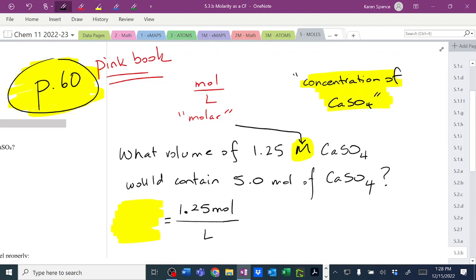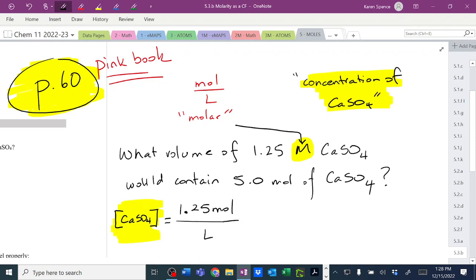What notation would I use? Brackets, yes. What kind of brackets? Square brackets. So we're going to say square brackets of CaSO4, that's our concentration of CaSO4, is equal to 0.125 moles per liter. So now we have that information.